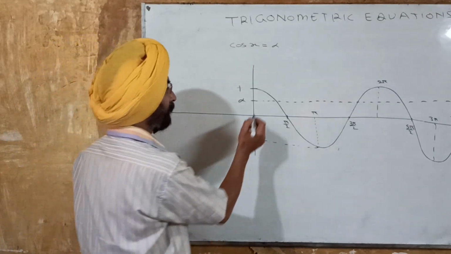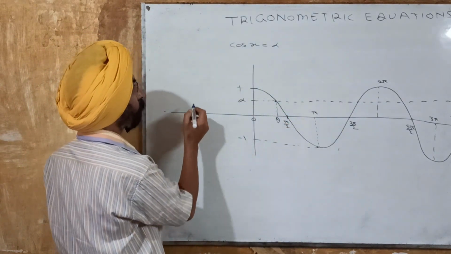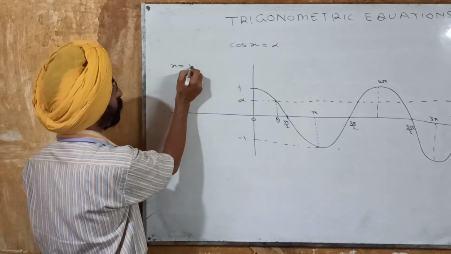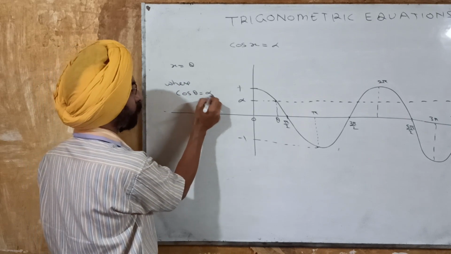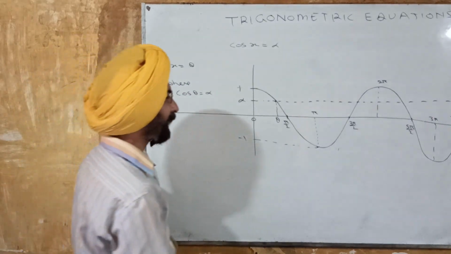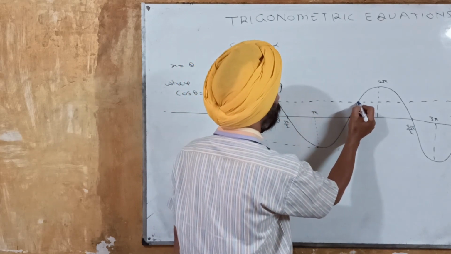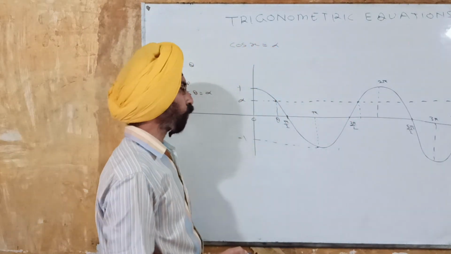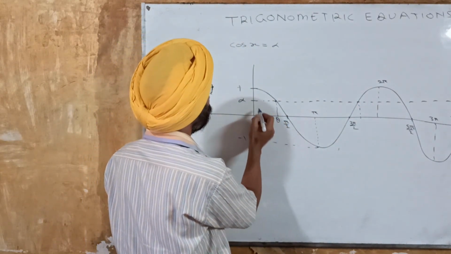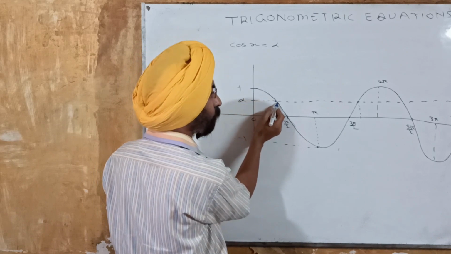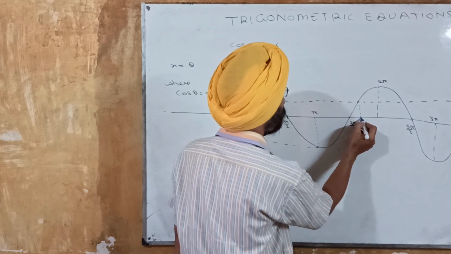Now this is the first point where you are getting this angle theta. So first of all, you are getting x is equal to theta, where cos of theta is equal to alpha. This is the first point. Then this line will again cut the curve at this point, and this distance is similar to this distance.